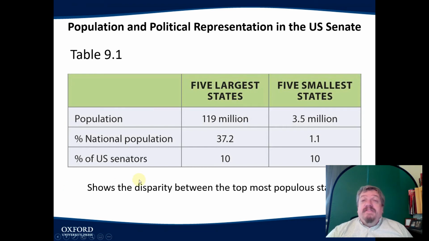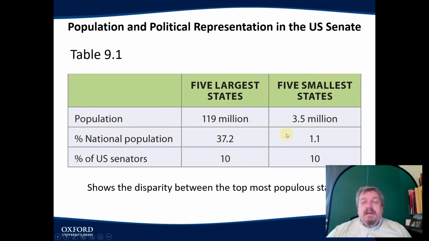So if you take the 5 largest states by population, that's California, Texas, Florida, I think Illinois and New York, 5 largest states, 119 million people, which is almost 40% of the entire population of the country. They get 10 senators, 2 for 5 states.